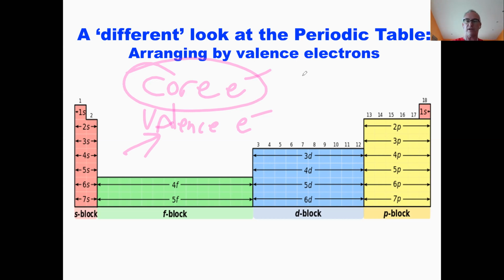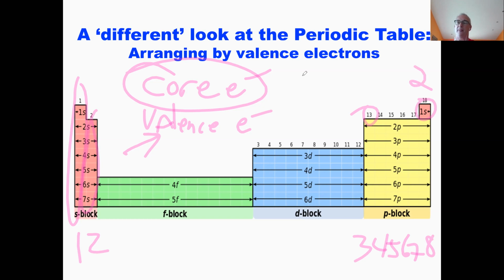So you can see from here, just looking at the way we balance these out, that in the S block, this group is going to have 1 valence electron. This group is going to have 2. And then we move over to the P block. This group is going to have 3, 4, 5, 6, 7. And finally, once we get to the noble gases, they have 8, except for poor little helium here.